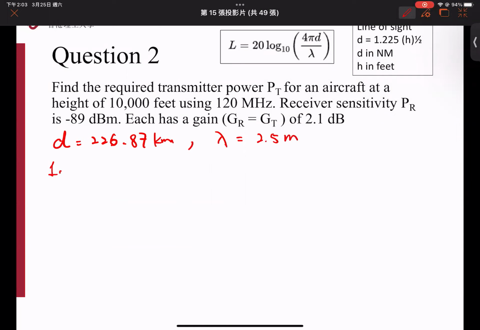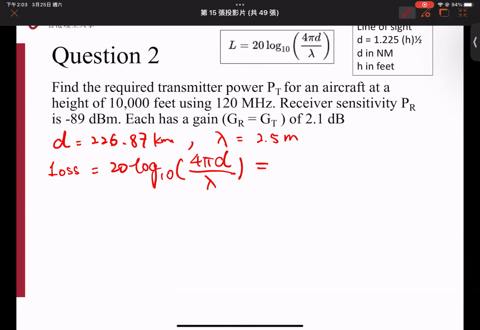We calculate the loss, and we follow the equation. It looks like 20 log of 4 times pi times the distance, divided by the lambda. And we put those numbers in here.